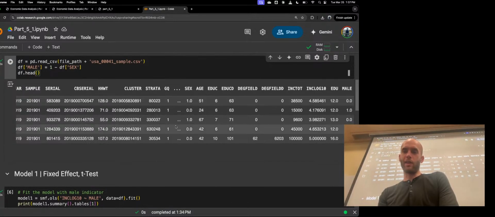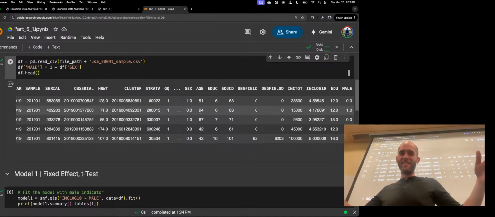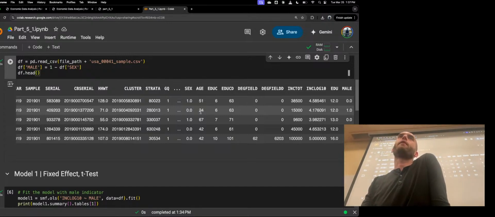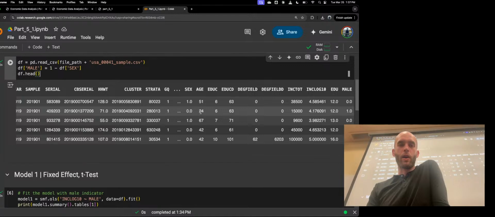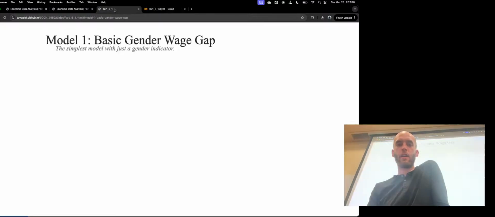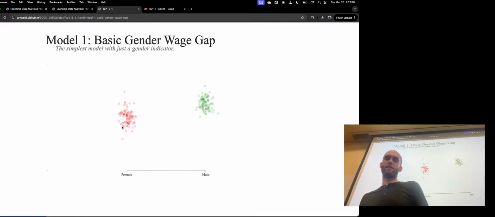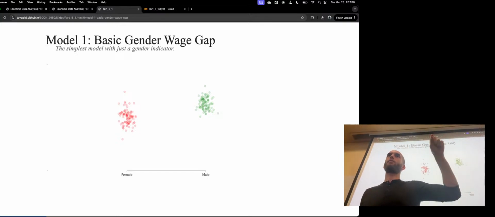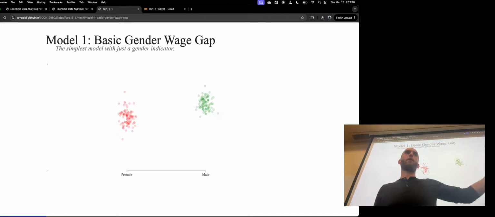So this is what we have to use the data that's available to us and be very clear on how we're constructing the variables. Okay, so this is the data we're using. The pictures in the slides are going to be with synthetic data, but we're actually going to use the real data in the notebook.